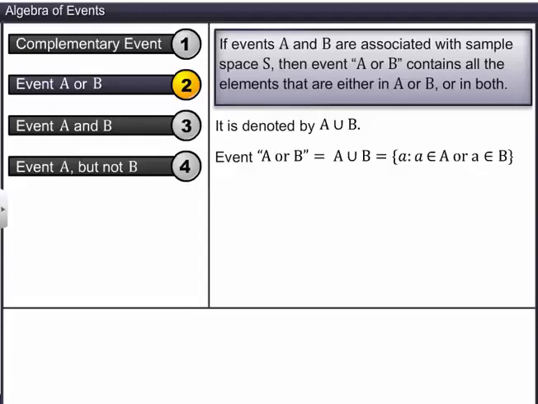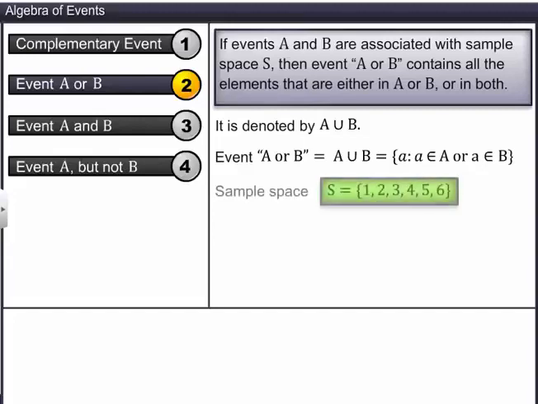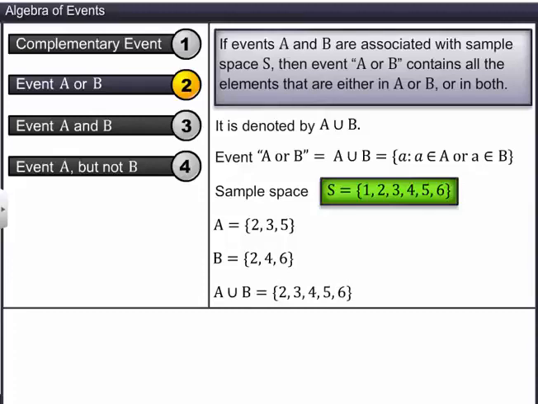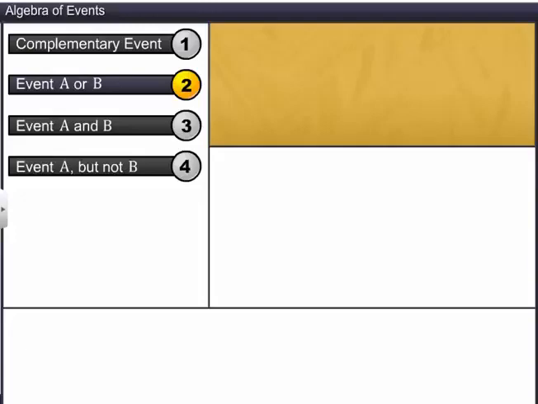Consider the sample space shown where a die is rolled. Let event A be the occurrence of prime numbers and event B be the occurrence of even numbers. Now, event A or B can be obtained as shown. Let's look at another experiment where two coins are tossed simultaneously. The sample space is obtained as HH, HT, TH, and TT.